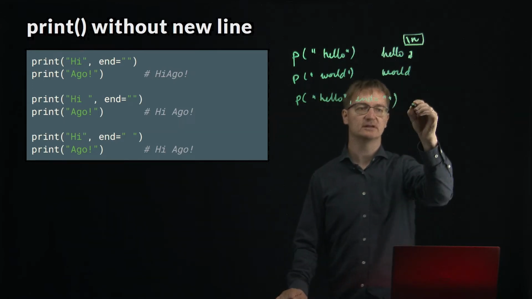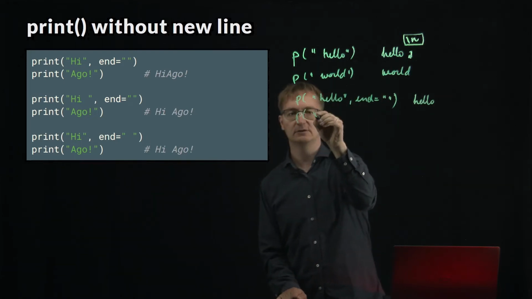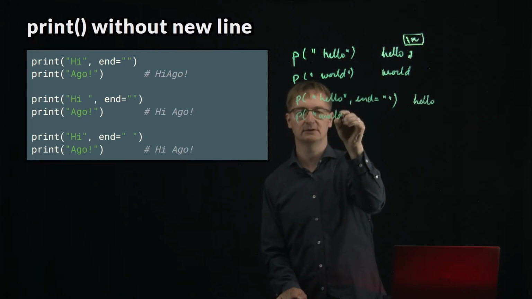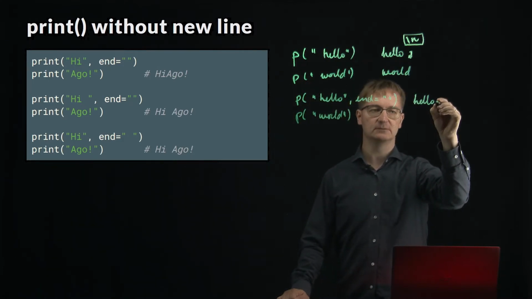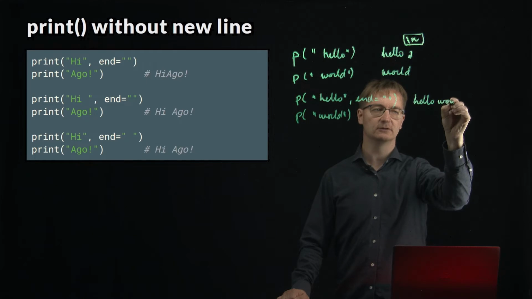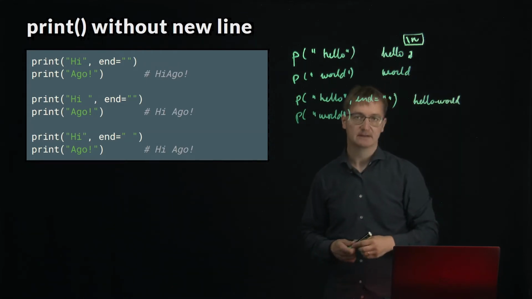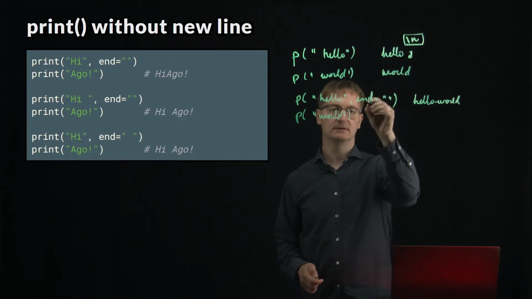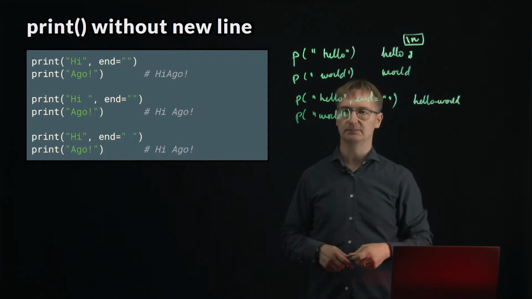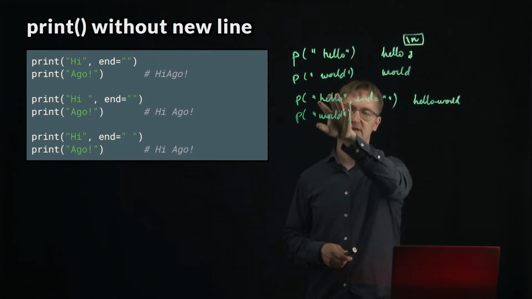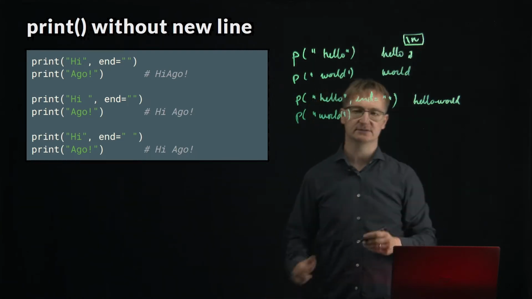Now hello is printed out, and if I print world here, it will be written here, world. So there is basically no space here. With this end argument, I can say what symbol will be put after the string or the text. By default, if it's not written here, then the new line is meant.